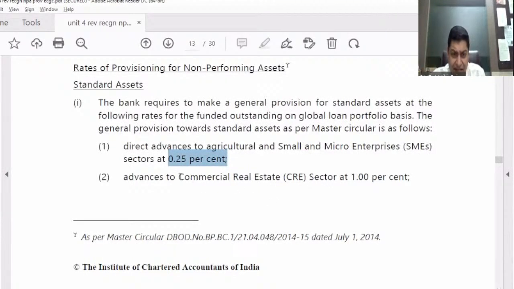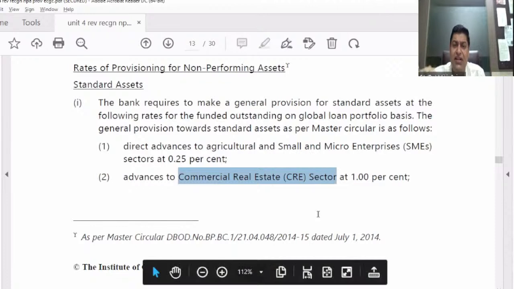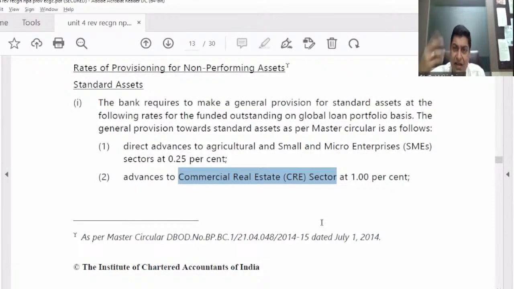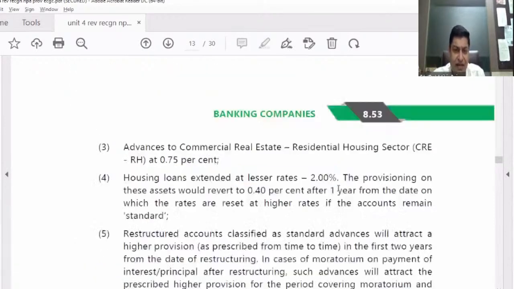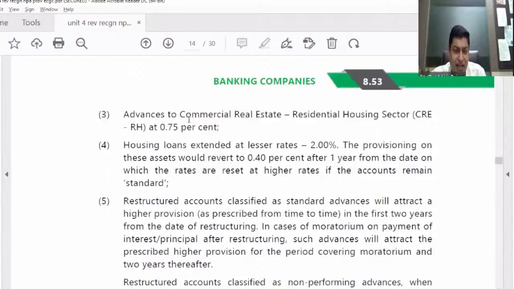If it is a CRE, that is commercial real estate, then it is a little bit risky, therefore 1 percentage. Okay, 1 percentage. If it is CRE but residential, it's a real estate company, but it is not purely commercial, it's a housing sector, it is known as CRE-H, that is 0.75.